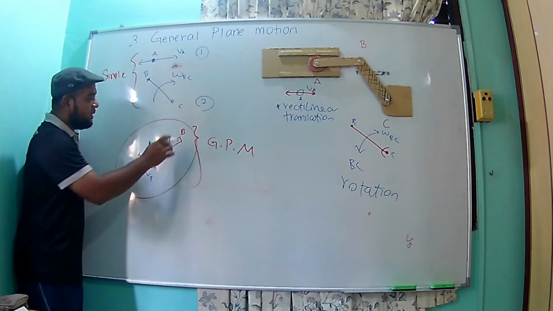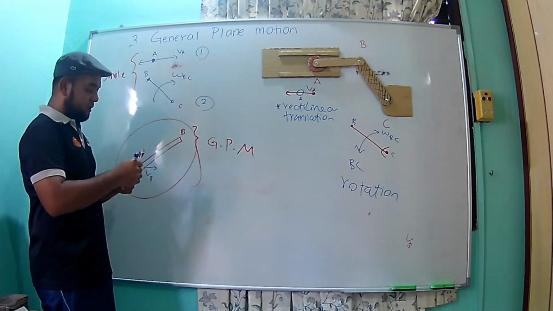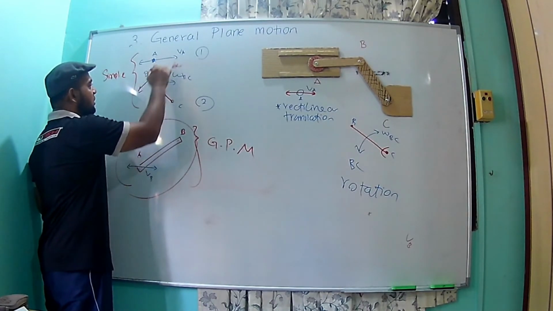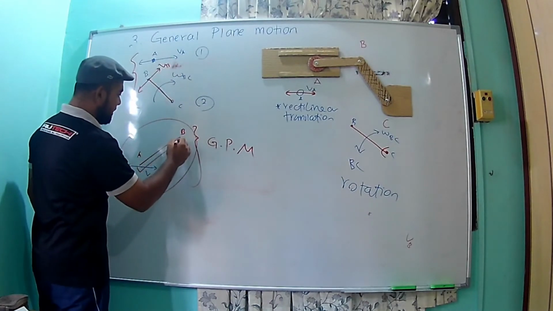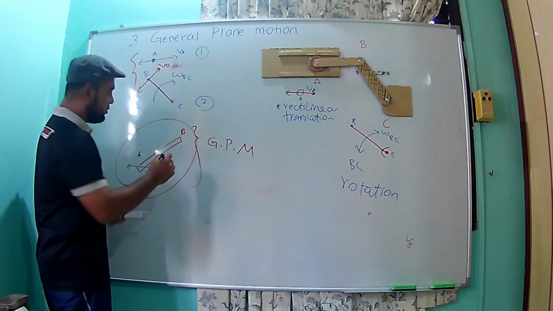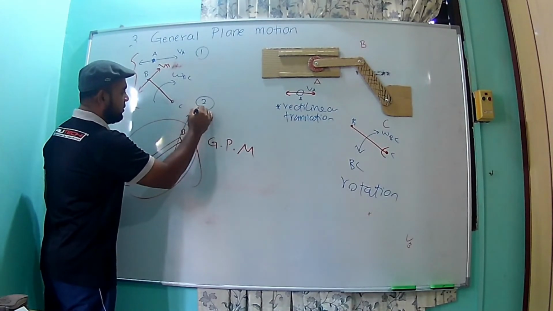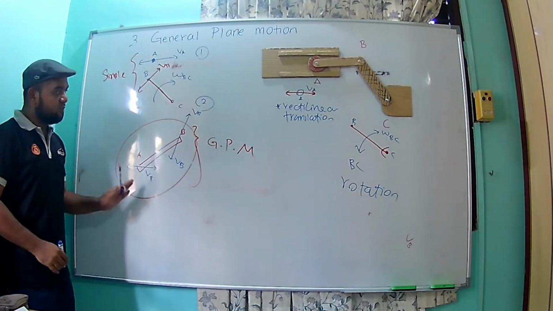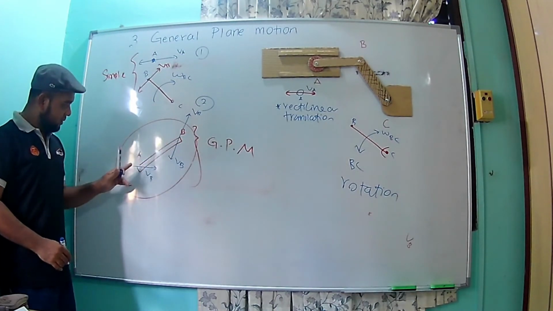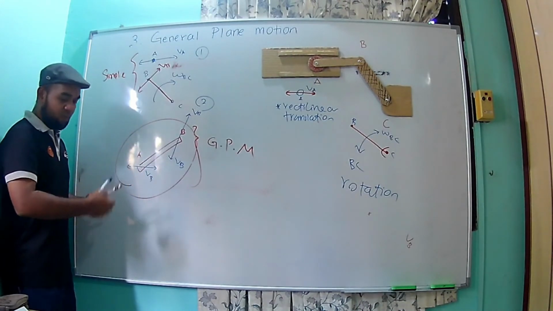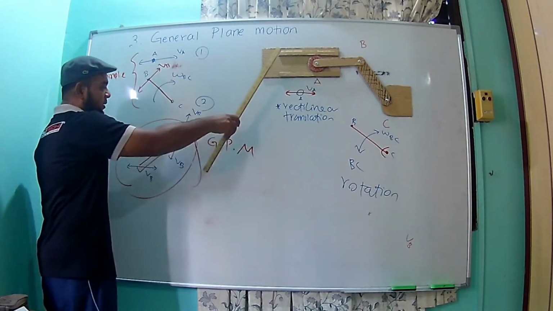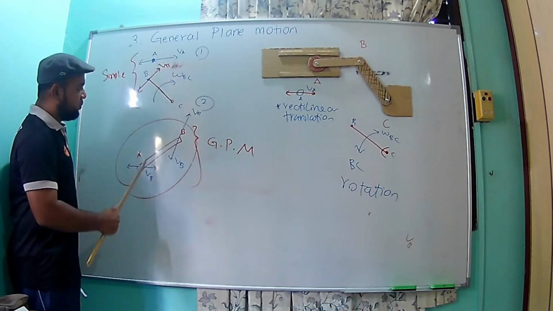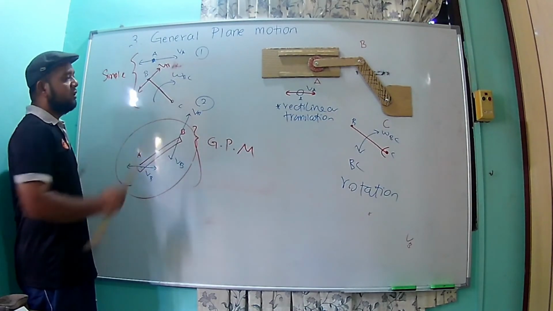B connects to this part, so we know the velocity direction: make a line at 90 degrees. This will be VB, the same, because it shares the same point. So at least we know the movement of point A and point B, but the whole component will be moving and rotating at the same time. We know exactly what happens at the end points A and B, which we share with the two simple components.